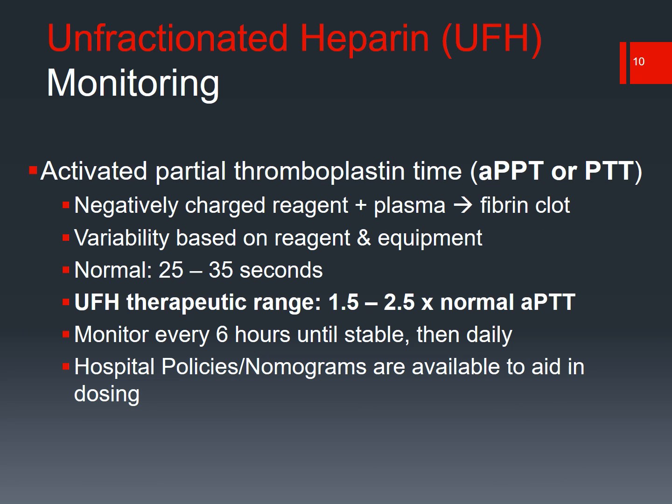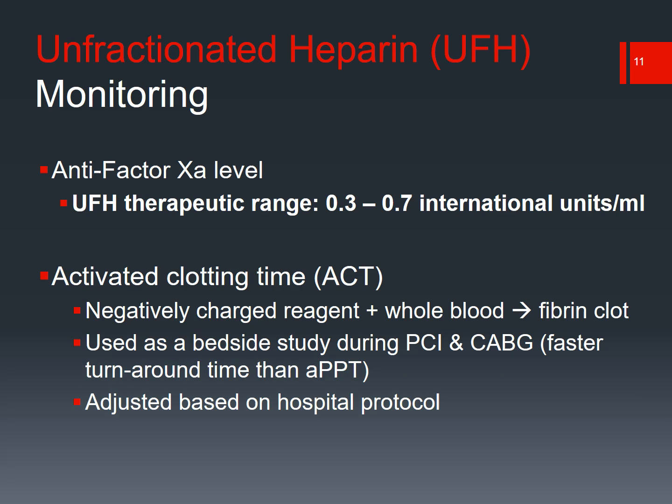Unfractionated heparin is most commonly monitored using laboratory evaluation with activated partial thromboplastin time, abbreviated APTT or PTT. What we're looking for is a therapeutic range of 1.5 to 2.5 times the normal level of APTT. Unfractionated heparin can also be monitored using an anti-factor 10A level, and if you do draw that level, your therapeutic range would be considered 0.3 to 0.7 international units per milliliter.